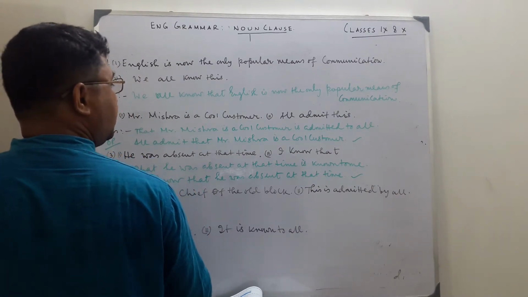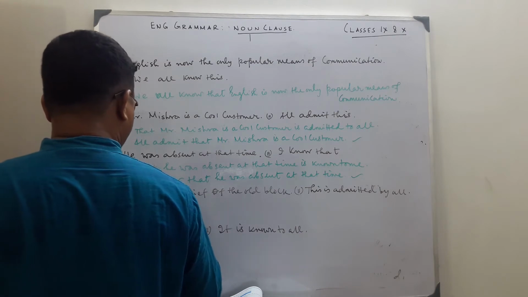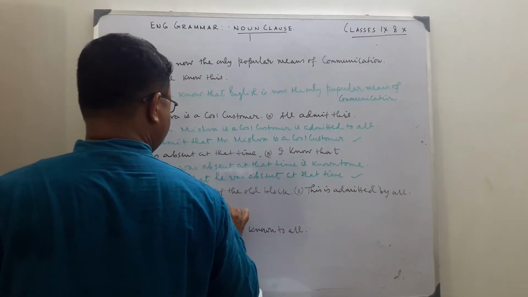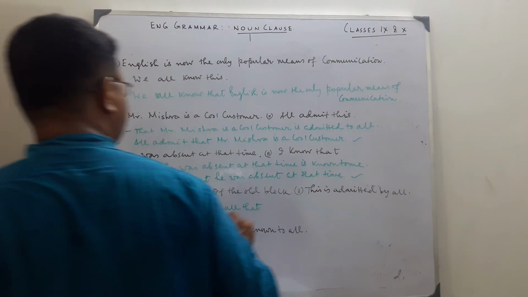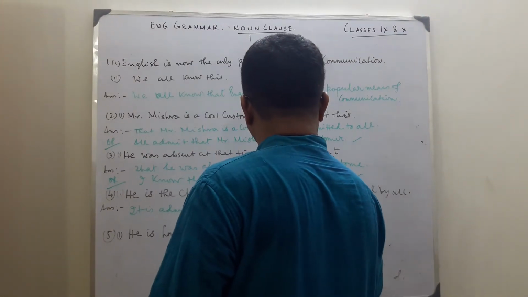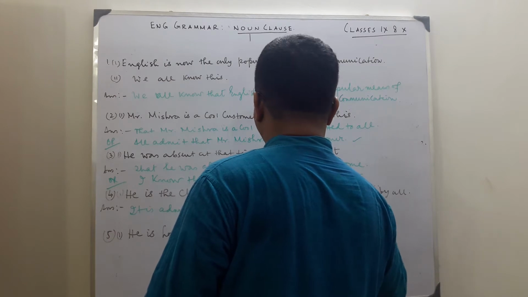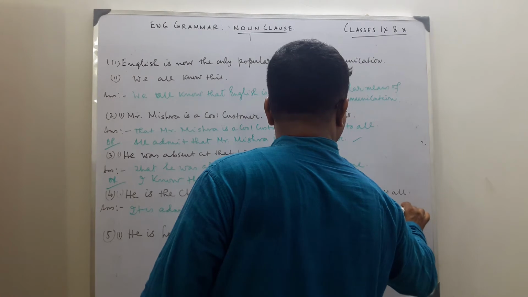Next, he is the chief of the old block, this is admitted by all. You can write in this way: it is admitted by all that he is the chief of the old block.